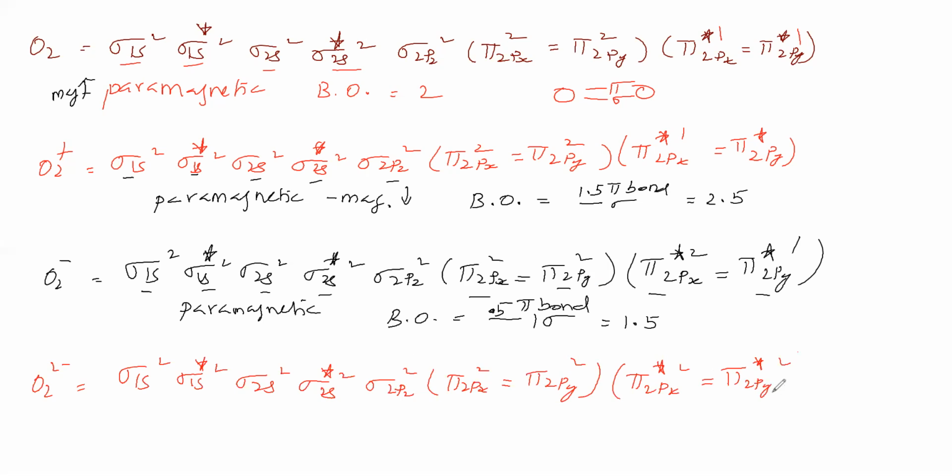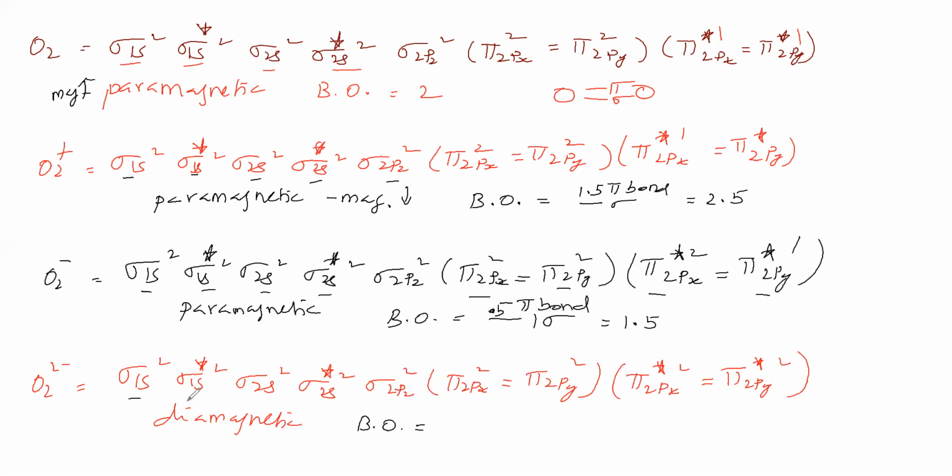This is O2 2 minus. In the configuration we have given here, unpaired electrons are not present, therefore it is diamagnetic. What is the bond order in this one? We have to go for bond order.